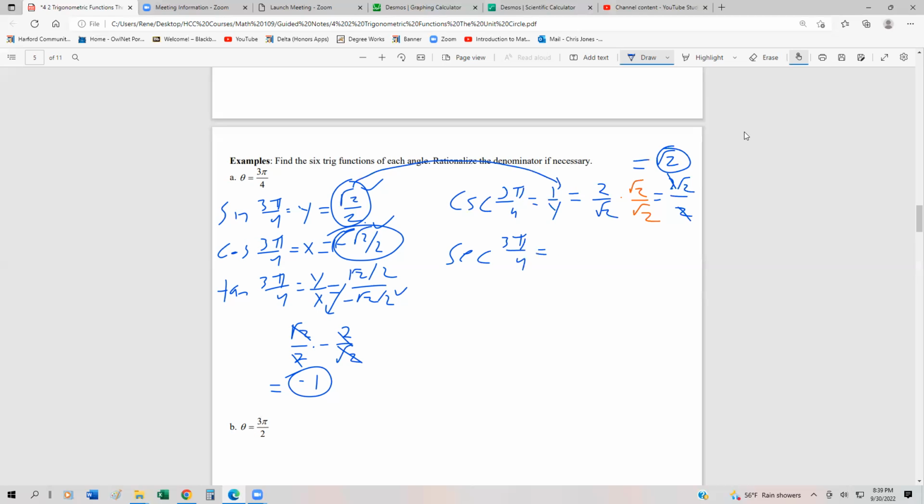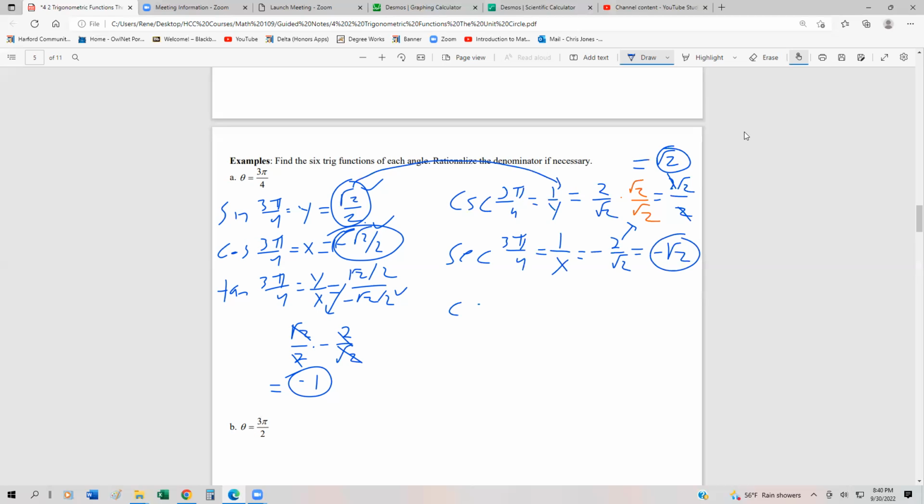Right? And the good news is for the secant of 3 pi over 4, it's going to be the exact same thing, except that's going to be the negative of 2 over root 2. We just rationalized it right here, so it's going to be the exact same thing, except it's going to be negative.